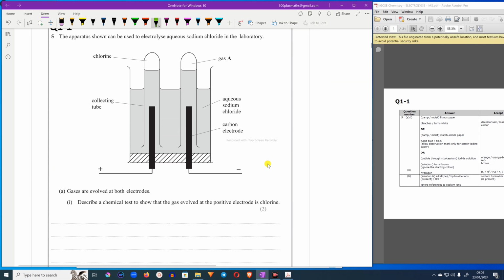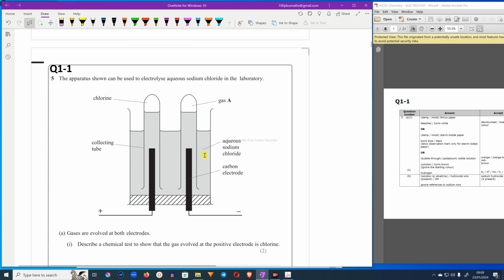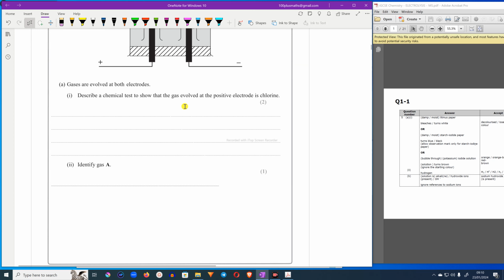Now, what they've done is they've presented this upside down, but we can still do the same thing. That's aqueous sodium chloride. I'm going to come back to that.